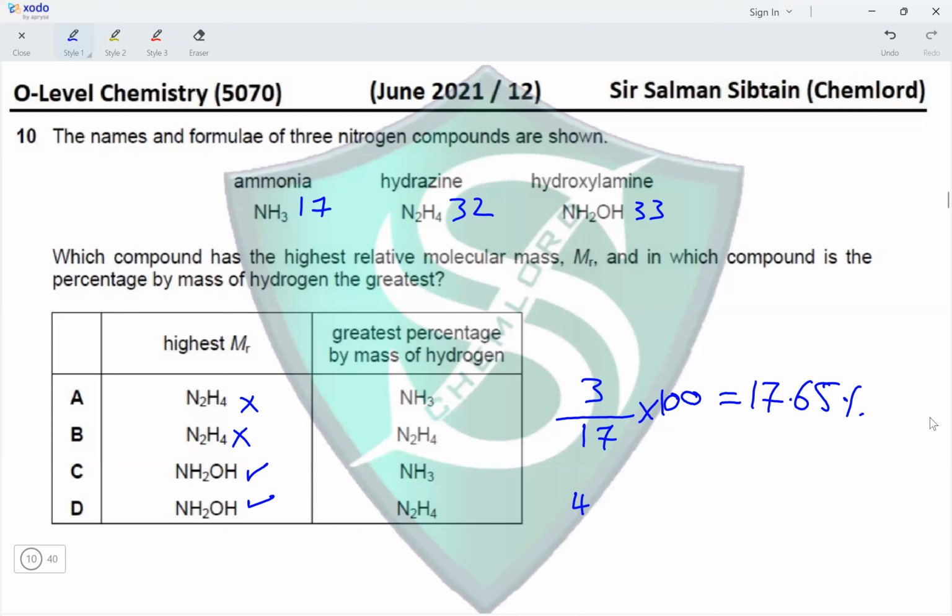This would be 4 upon its Mr, which is 32, into 100. This gives us a percentage value of 12.50%. So the greater percentage is that of hydrogen in ammonia and not of hydrogen in hydrazine. So this makes option C the correct option for this question.